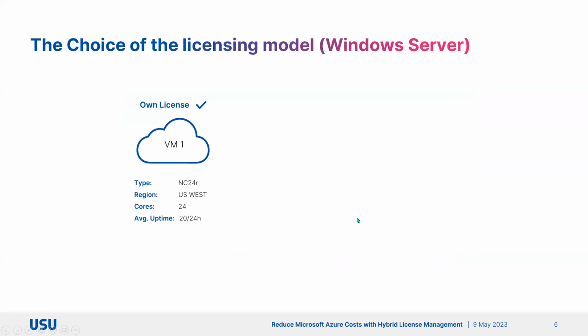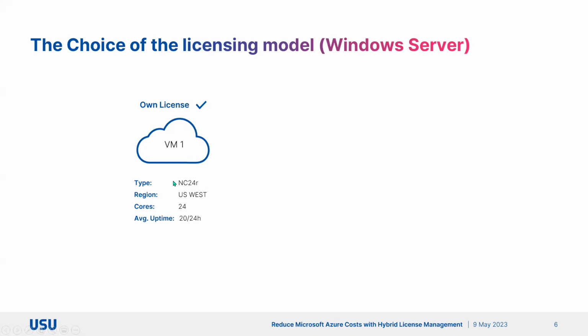Let's make a simple example. And also come a bit to the hybrid benefit now, to the point. So let's talk a bit more about Windows Server in Azure. Here we have one sample VM which has 24 cores. It is located in the US.